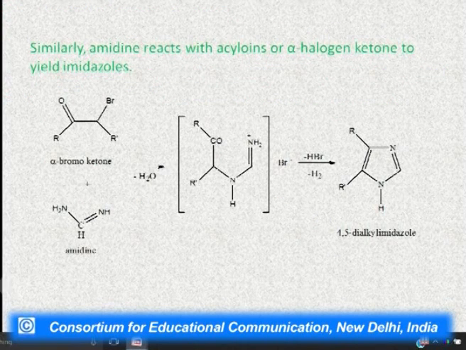Similarly, amidine can also react with acyloin or alpha halogen ketone to yield imidazole. Here we have taken alpha bromoketone. This is the alpha position of the ketone, so it is alpha bromoketone.